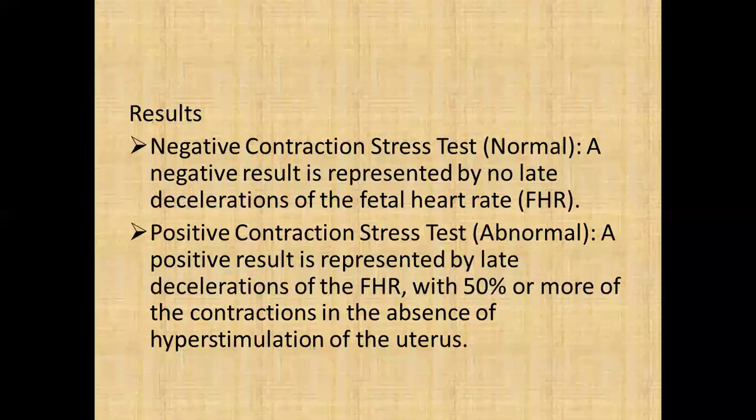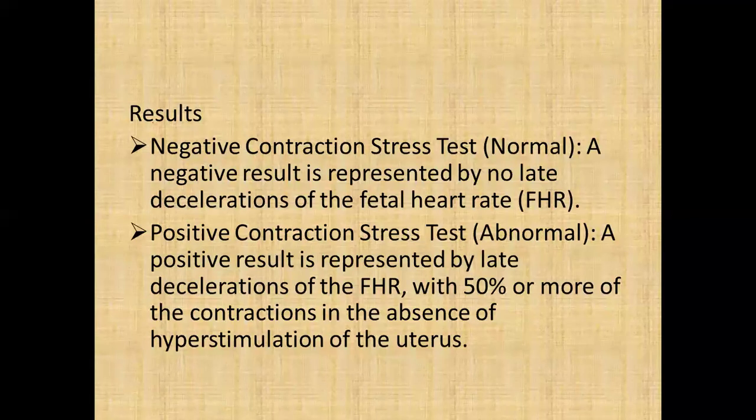What this is saying is that when we stimulate the uterus, of course, we monitor the fetal heart rate. And if during the fetal heart rate monitoring and during contraction there was a drop in the fetal heart rate, that should tell you that the fetus cannot tolerate contraction, cannot tolerate normal spontaneous vaginal delivery.